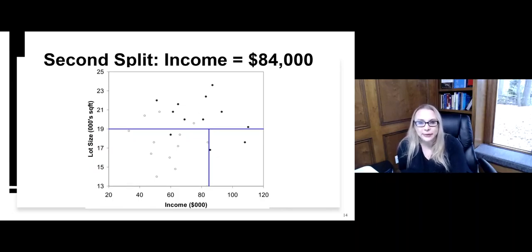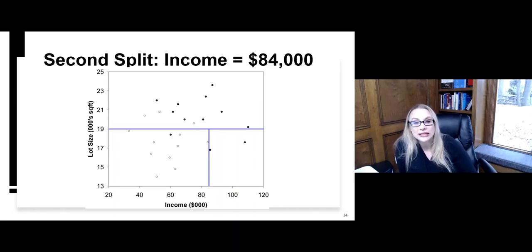Now the second split comes at income equals 84,000. So now it has three groups. Those that are above 19,000 square feet for lot size, irrespective of income, are going to be labeled as owners of riding lawnmowers.